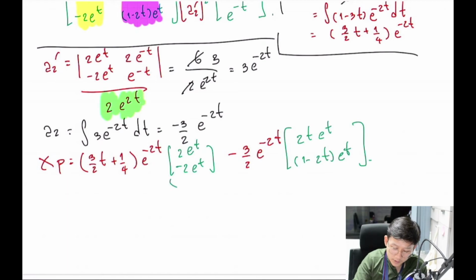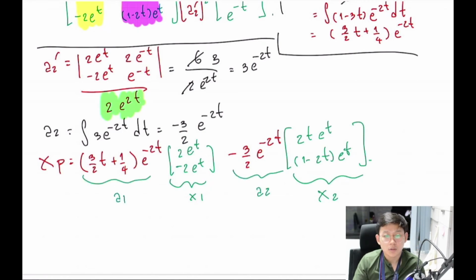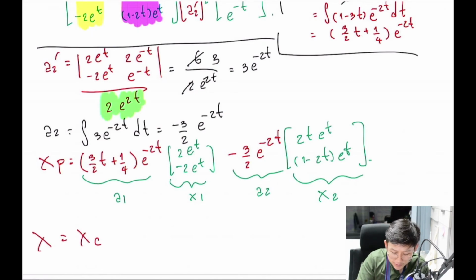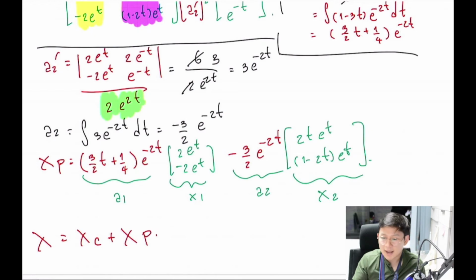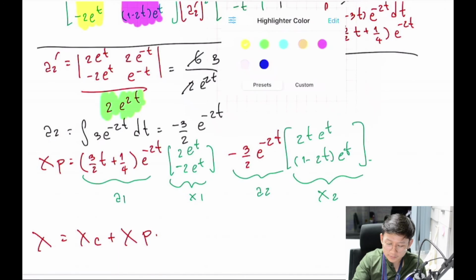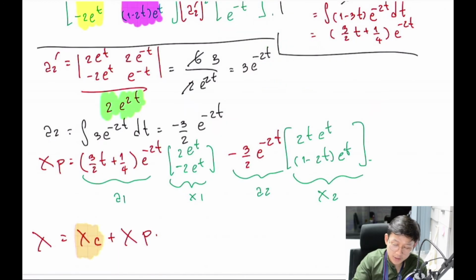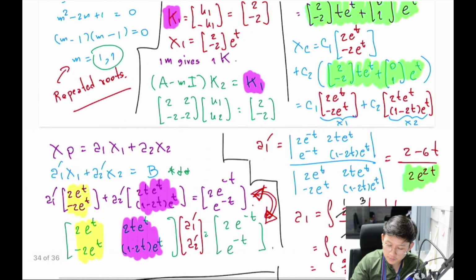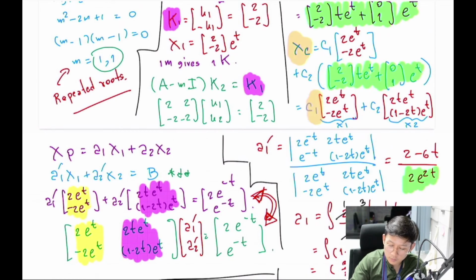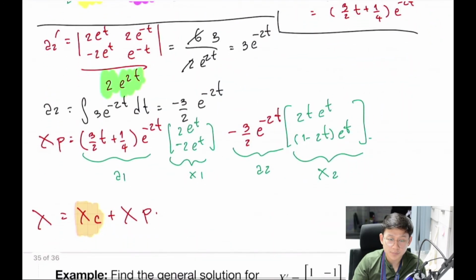Okay, don't forget, this is x1, this is x2, okay, and this is a1, and this is a2. Okay, so your x would be just xc plus xp. I'm not gonna write that down, okay, because you can get xc from here, right, which is this guy, and then you can get xp.